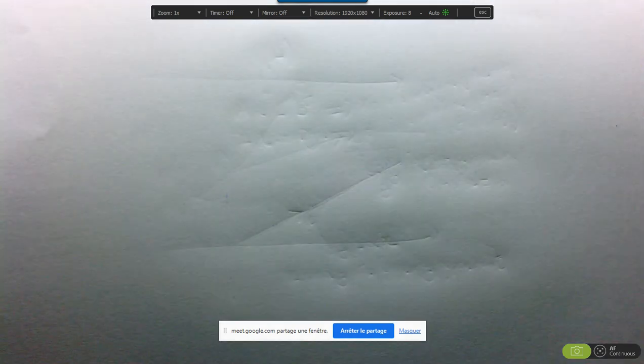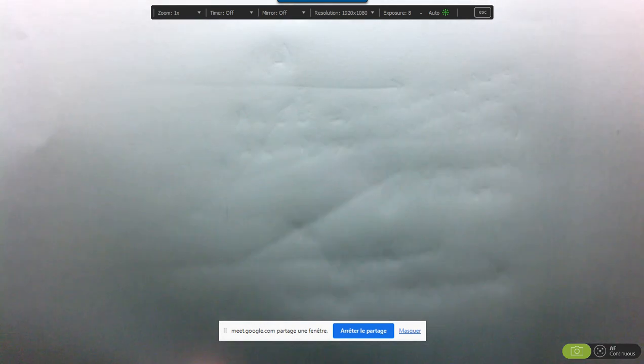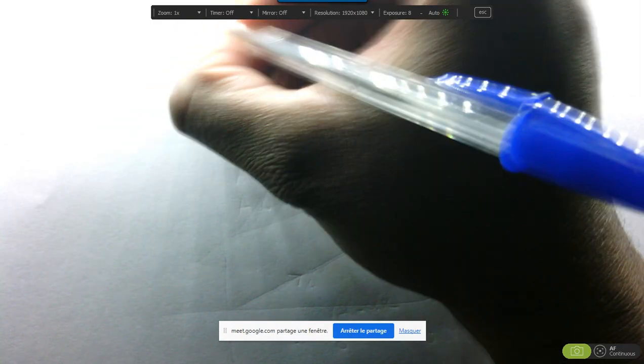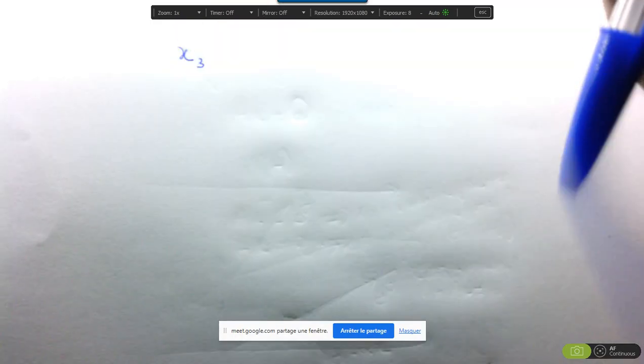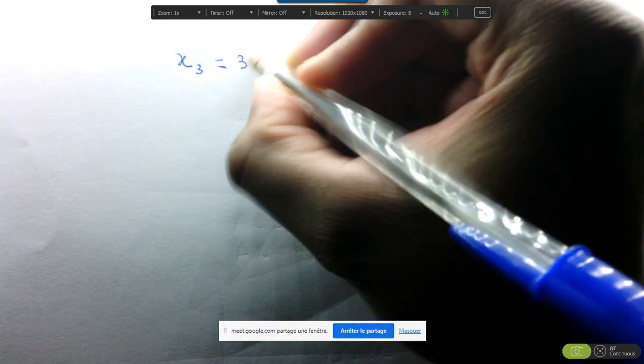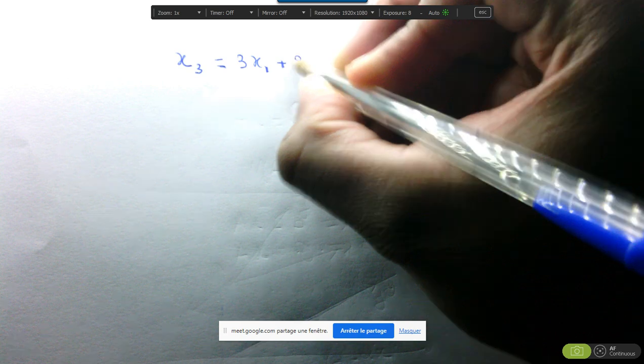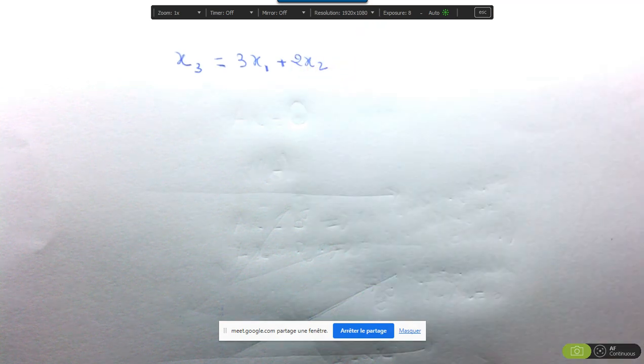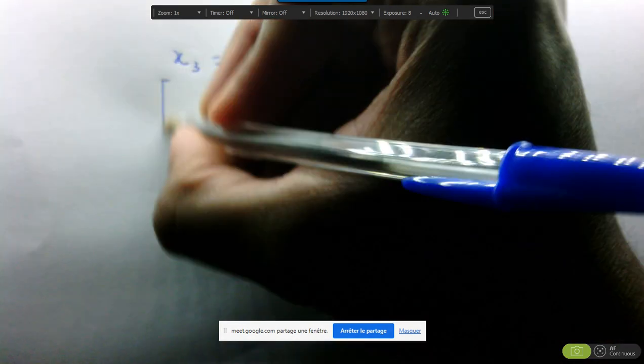Now suppose that I have a vector x sub 3, and x sub 3 is equal to 3 times x sub 1 plus 2 times x sub 2. So x sub 3 will be something like this.